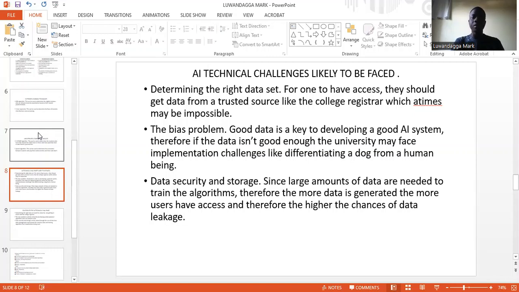And also there is the bias problem. Good data is key to developing a good AI system. Therefore, if the data isn't good enough, the university may face implementation challenges like differentiating a dog from a human being.